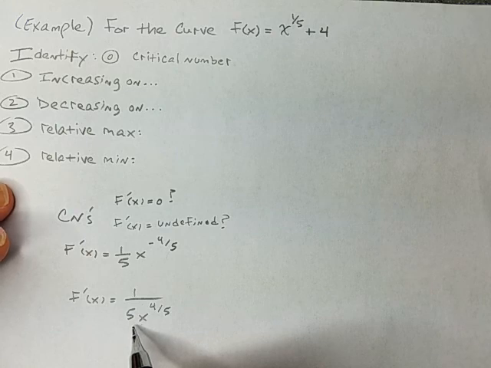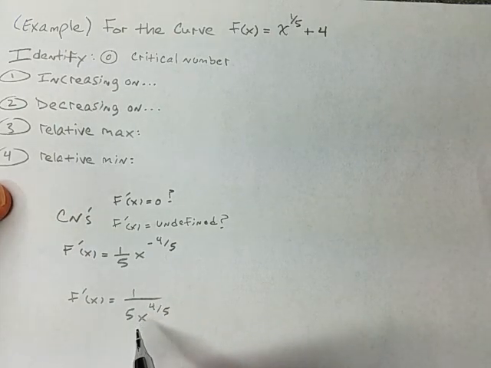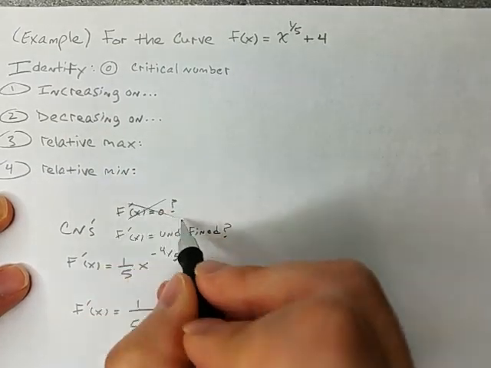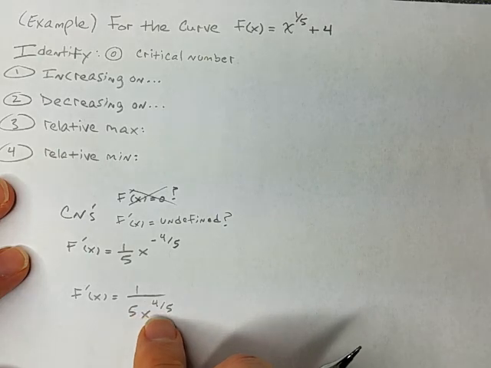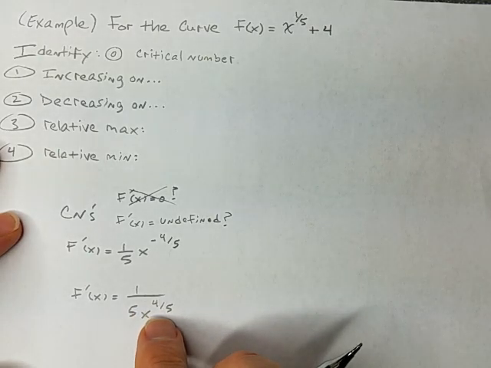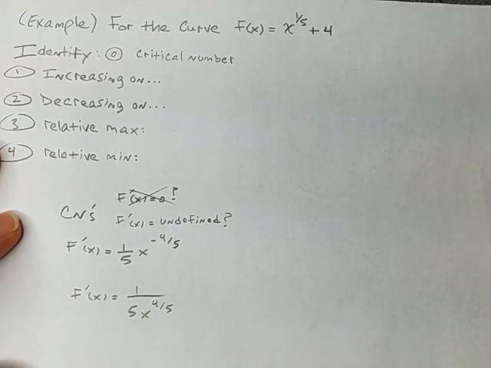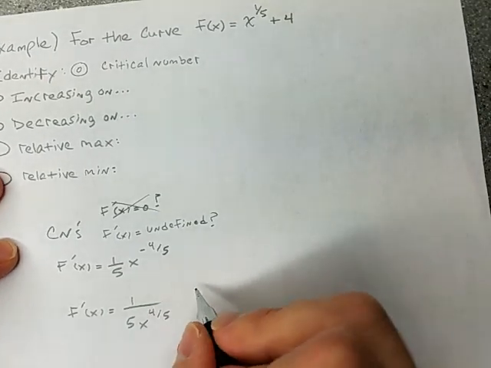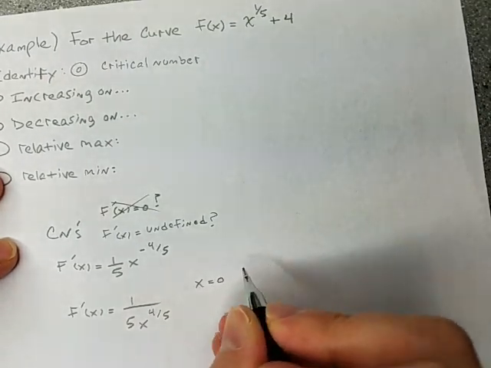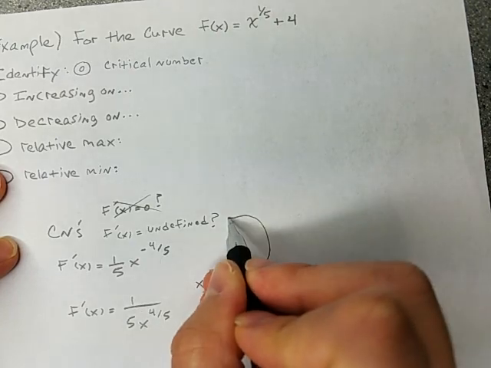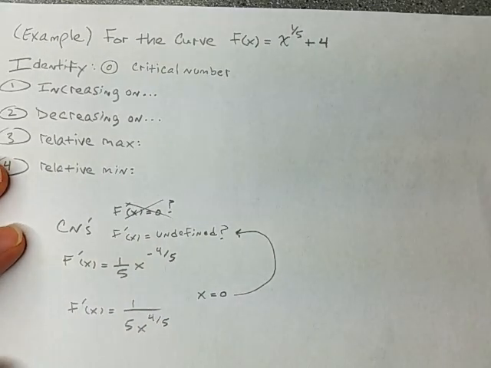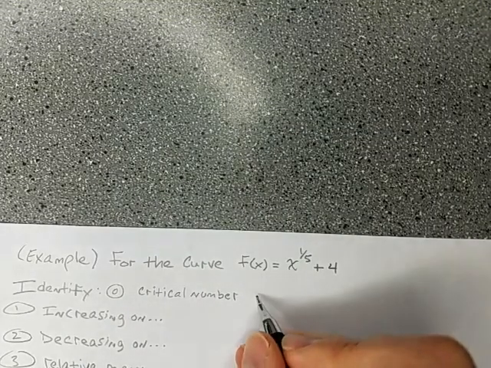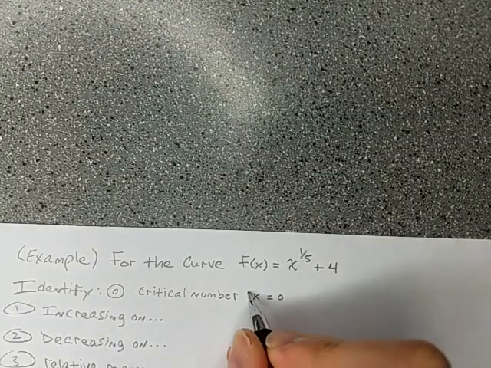Okay, so a constant over a variable can never be 0. Impossible. So this one does not happen. Can it be undefined? Well, 0 to the 4/5 power is 0. And so, yes, it can be undefined, divided by 0. So my critical number is x is equal to 0, where the derivative is undefined in that case.